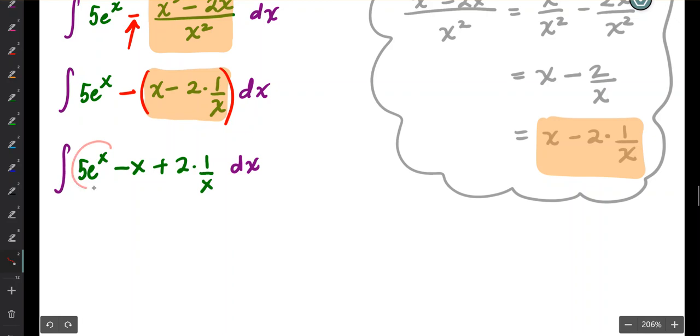I've got a constant times a function of x, minus a function of x, plus a constant times a function of x. I can just think, the derivative of what function is 5e to the x, and then minus the derivative of what function is x. Just think about that on its own.